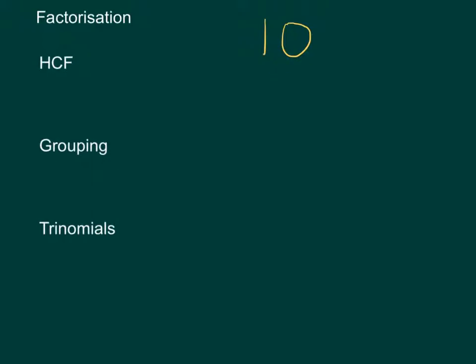So in this case, 1 and 10 are factors, and 5 and 2 are factors. So 1 times 10 will give me 10, and 5 times 2 will give me 10. Easy enough to understand.